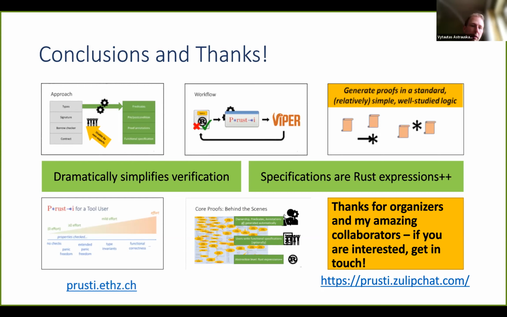So to summarize, we are getting closer to the more standard separation logic proofs, where you need to have more manual effort. But I think it still will be easy, at least in some cases, easier than taking C code and verifying the same example.